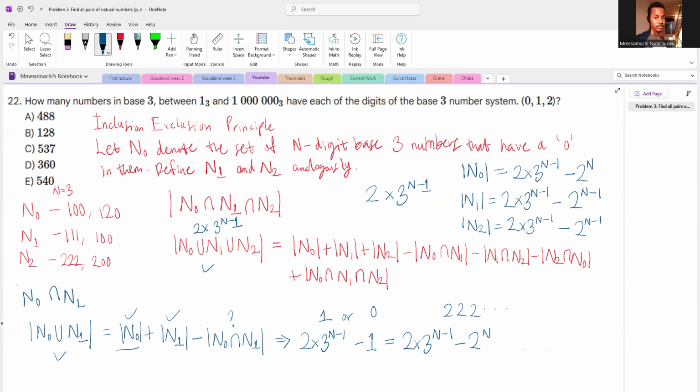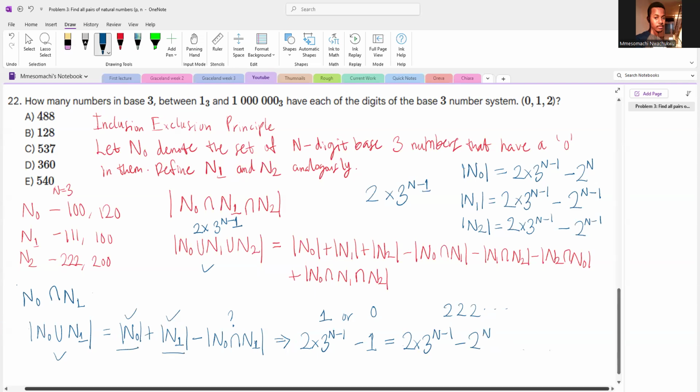Then plus 2 times 3 to the power of n minus 1 minus 2 to the power of n minus 1. And then we have minus n0 intersect n1.